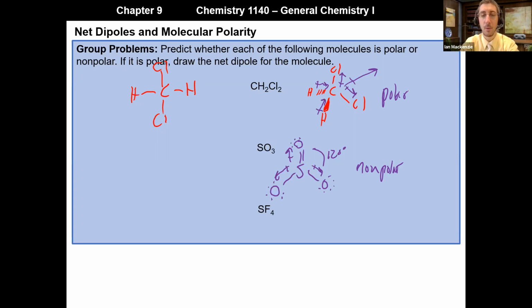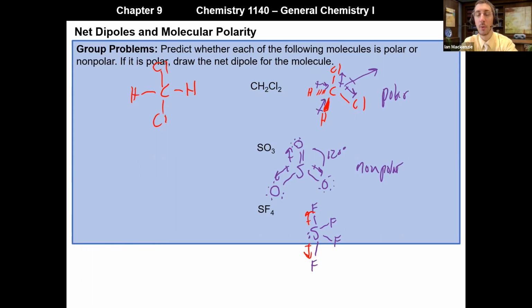Finally, I get to SF4, and to save us a little bit of time, I'll draw that out. I think we dealt with that previously. So fluorine, fluorine, fluorine, fluorine, and then a lone pair. Dipole moments are pointing towards the fluorine as the more electronegative atom, sulfur being the least electronegative.